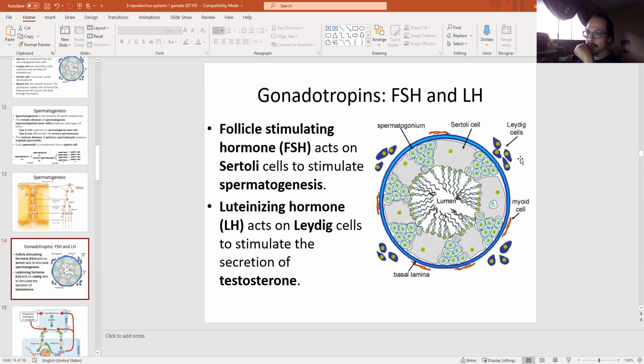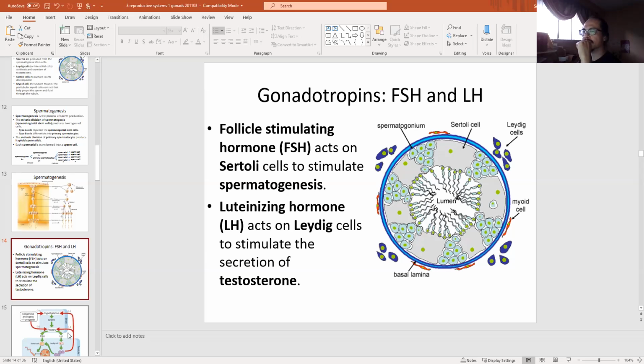Testosterone has several functions, right? It can enhance the male sexual characteristics. This is also important to sperm because the testosterone can also act on the Sertoli cells to support them, and then Sertoli cells would be activated to facilitate the production of these sperm cells.